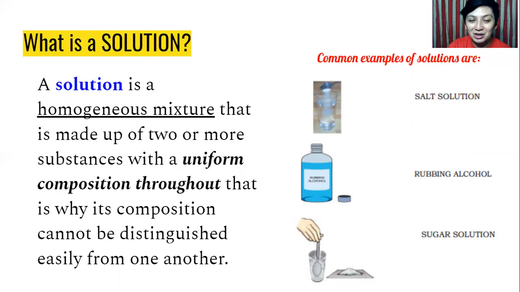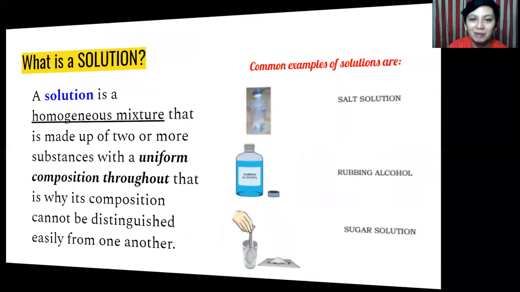Okay, so that is a mixture. But you cannot identify the water and you cannot identify the alcohol. And the last one, we have sugar solution. So it is basically sugar that is added to water and then you stir. That is now a sugar solution. Okay, so those are examples of solution.